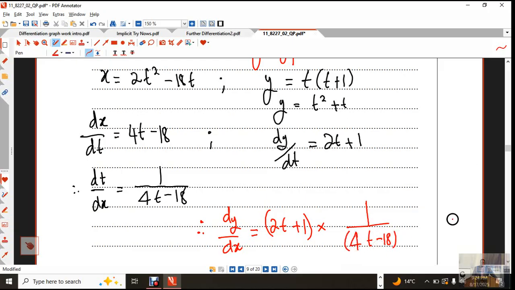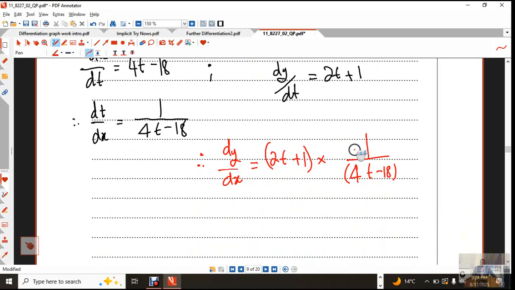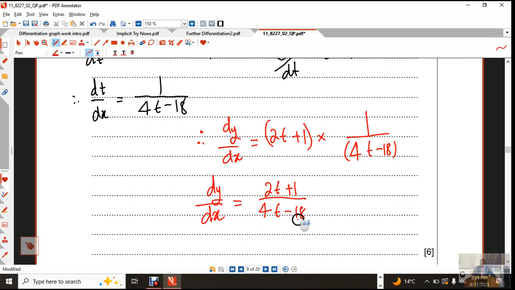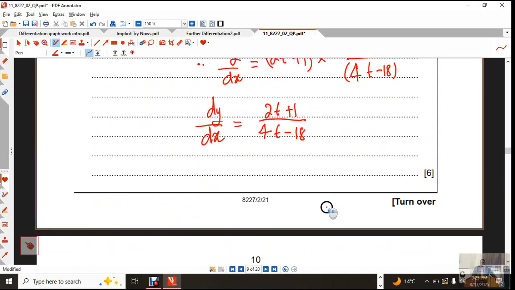Numerator times numerator, so dy/dx is nothing but (2t plus 1) all over 4t minus 18. So we need to be able to find our gradient.